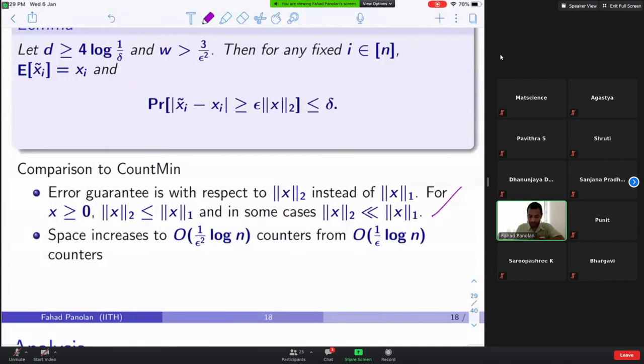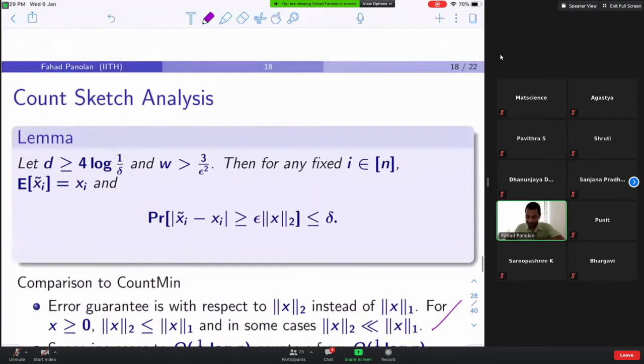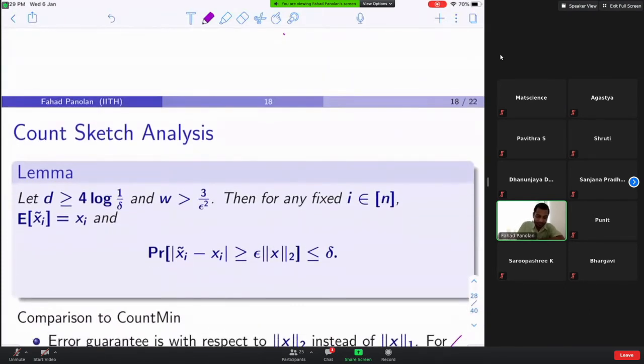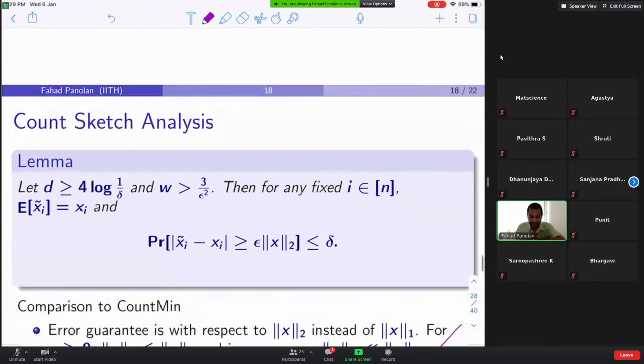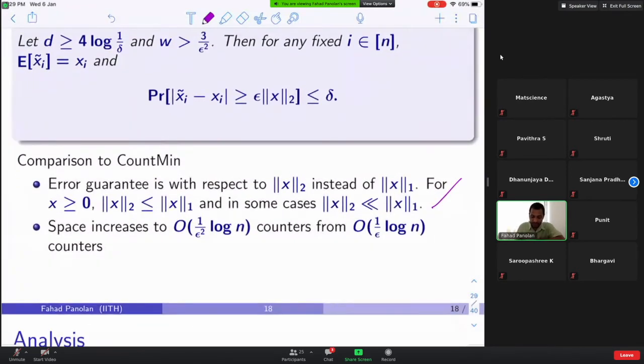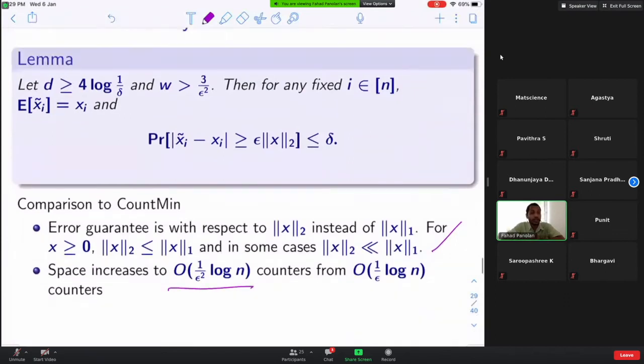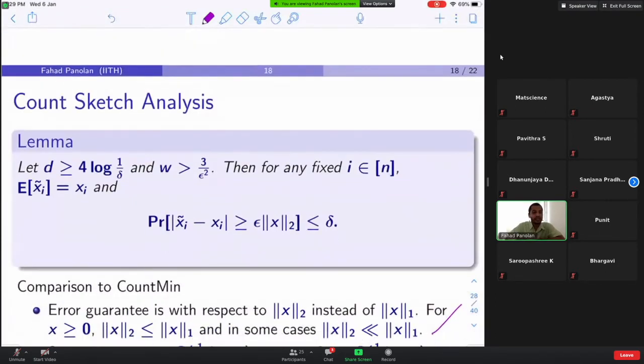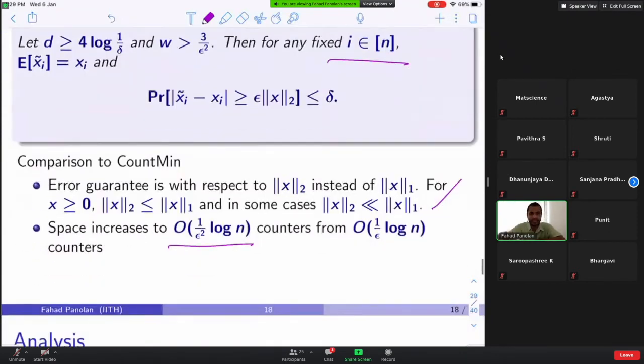And look at the number of counters. Later we will take d to be of order log n square, and because of that you will have 1 by epsilon square log n counters, where we take log n to hold it for all i with very high probability.